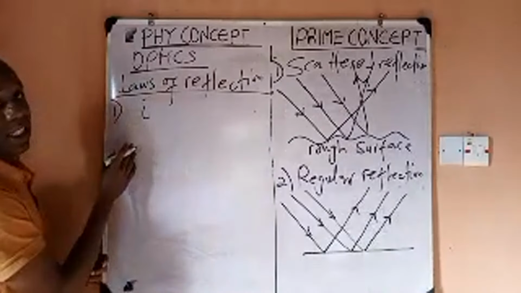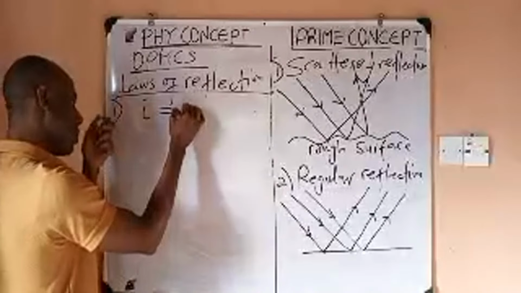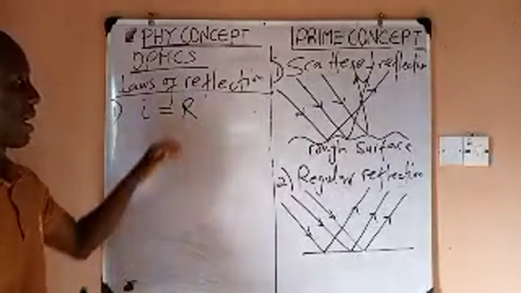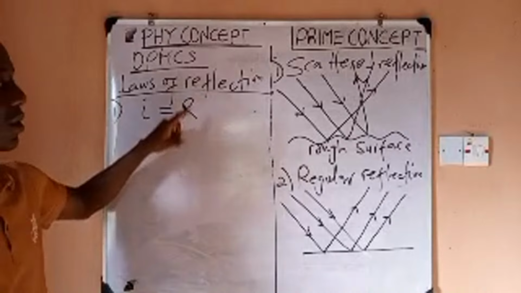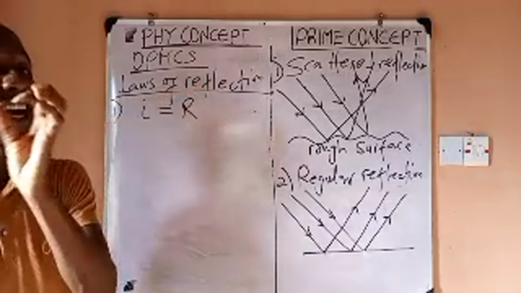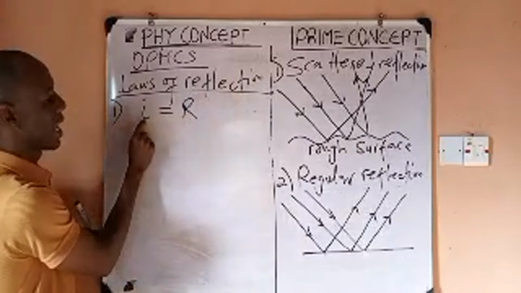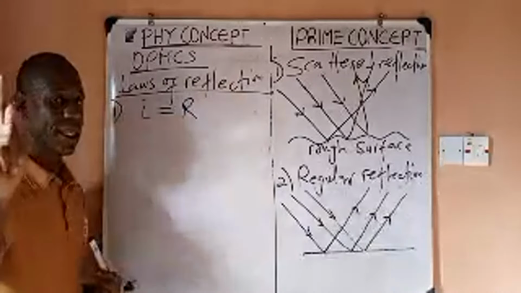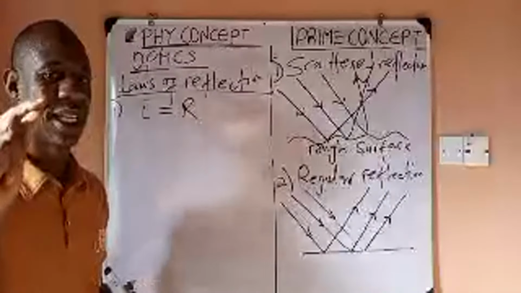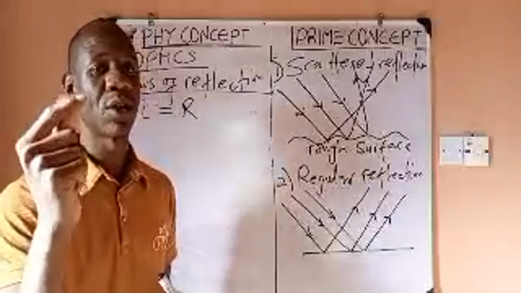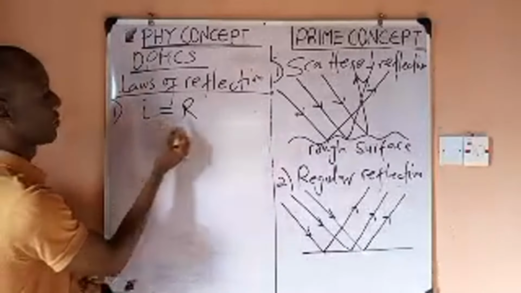In mathematical form, you can say that I is equal to R, capital R is used for the angle of reflection. Remember, reflection and refraction are not the same. We're talking of reflection. So angle of incidence is equal to angle of reflection, but angle of incidence is never equal to angle of refraction. So take note of that. This is the first law.